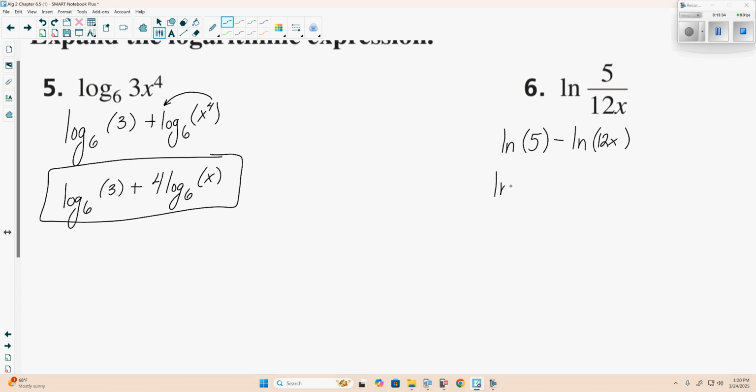Now ln of 5 does not have a product this time. But our ln of 12x, we do have two things being multiplied together. So we will have ln of 12 plus ln of x.